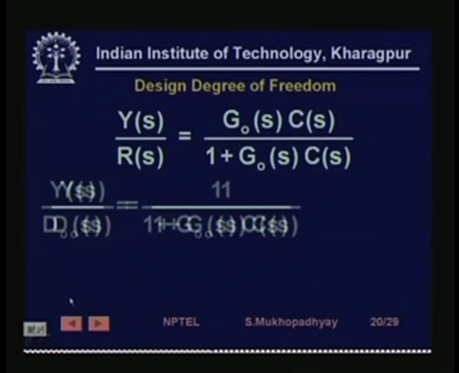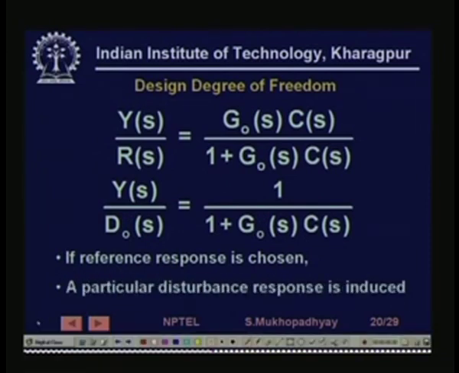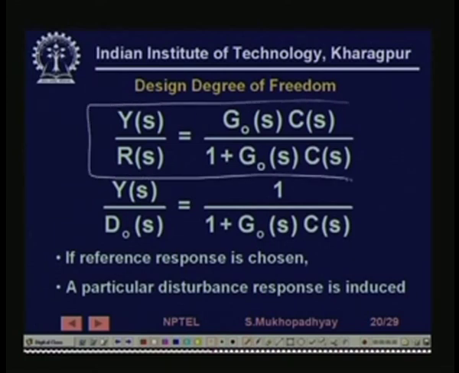This is the transfer function between Ys and Rs, and this is the transfer function between Ys and D0s. You see that if you choose CS, this gets fixed.